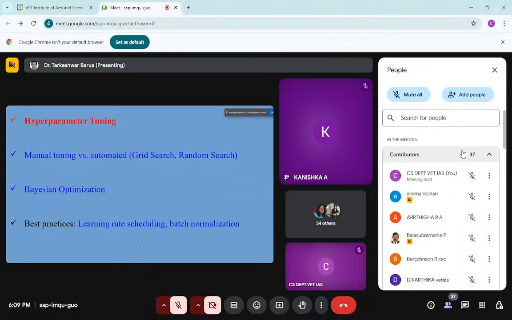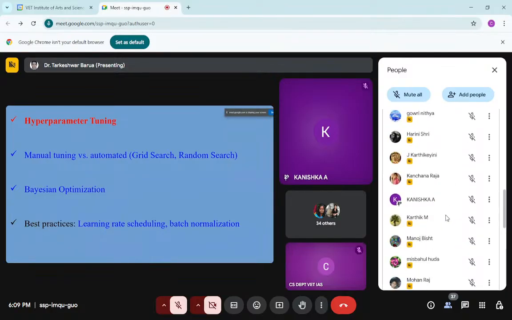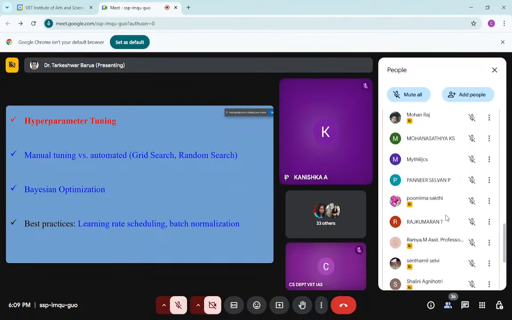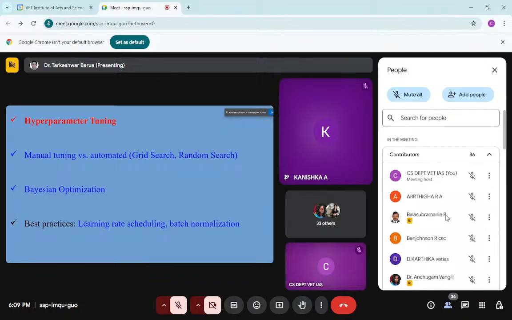The very popular one is hyperparameter tuning. In hyperparameter tuning, you might have noticed two things here: grid search and random search. This random search and grid search we have studied in the data structure part. The same approach we have implemented as it is in the AI models.